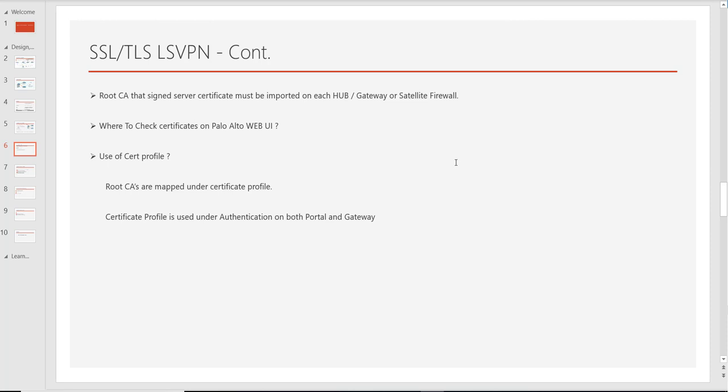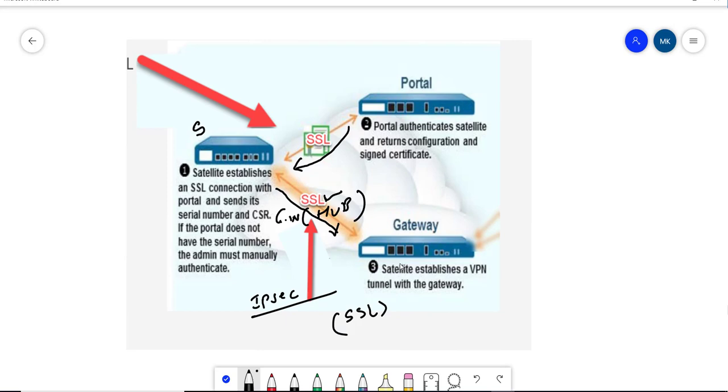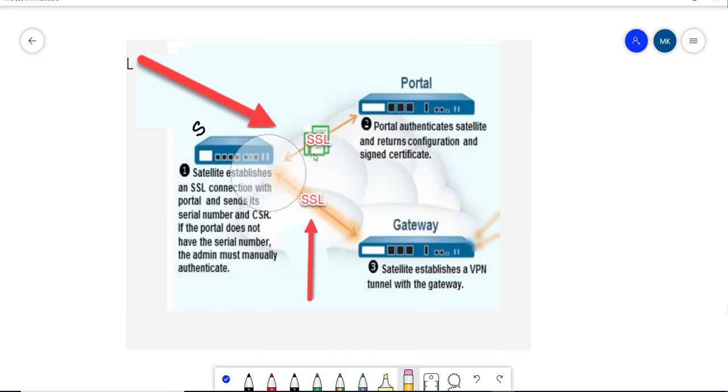Next is the root CA that signed the server certificate must be imported on each hub and satellite firewall. So in other words, what we are trying to say here is, let's say we have created root CA on this portal firewall, so it is acting as a CA.